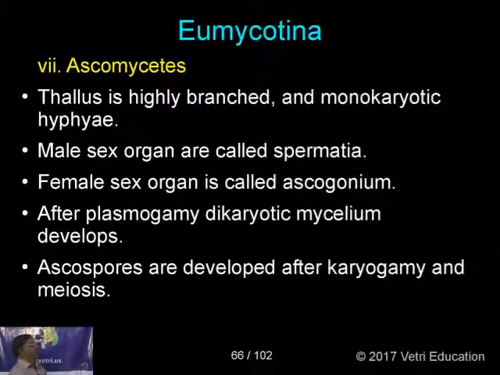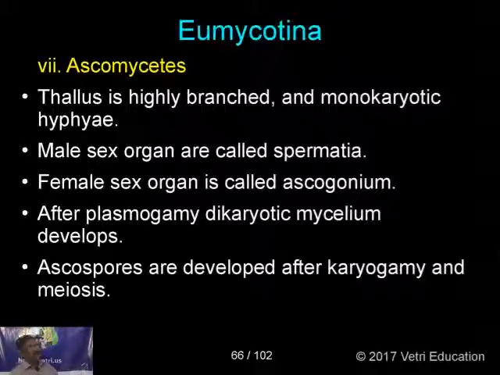The next class is the Ascomycetes. Here the thallus is highly branched and has monokaryotic hyphae, and later it will become dikaryotic. Monokaryotic means a cell having a single nucleus. After gametic fusion, the cell has two nuclei, which is called dikaryotization.